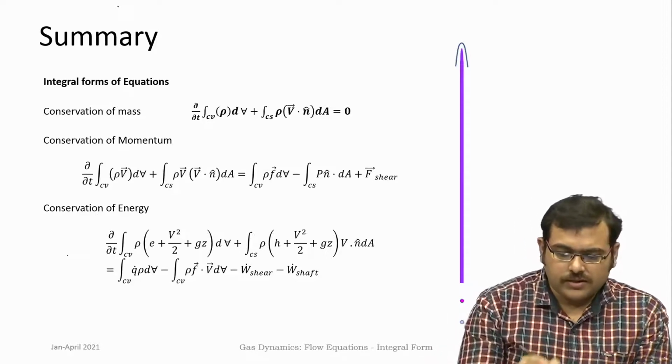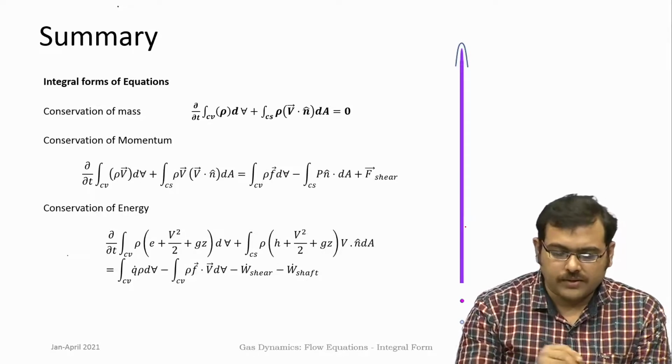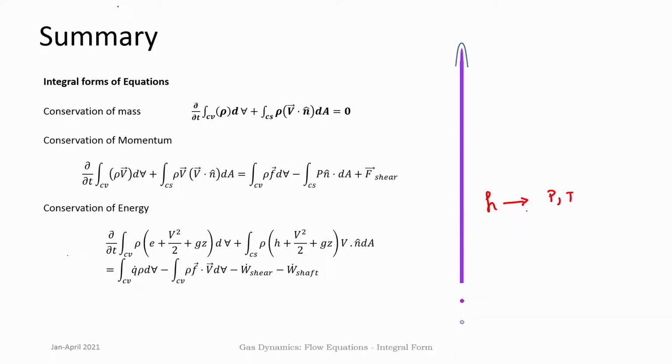Now we need principles which will tell us how h is related to other variables, how it is related to pressure and temperature. This information comes from thermodynamics, and also how density is related to pressure and temperature. These relations come through thermodynamics. That is how thermodynamics enters into the picture.